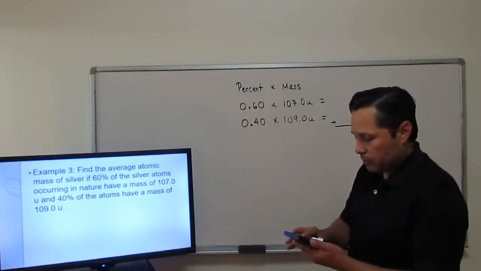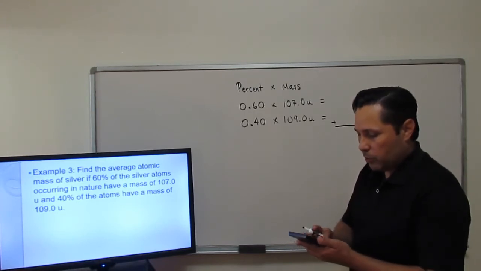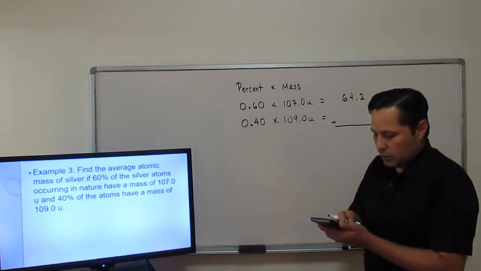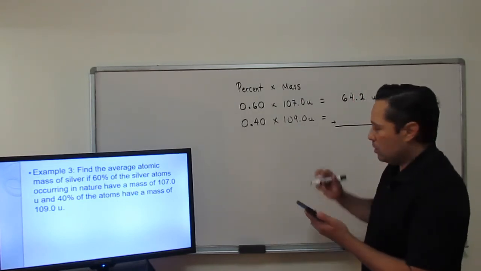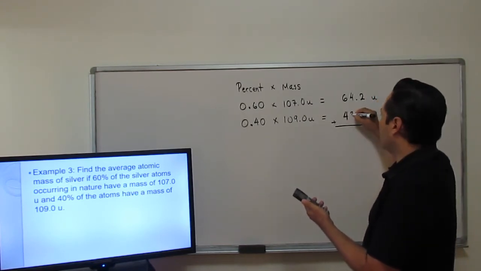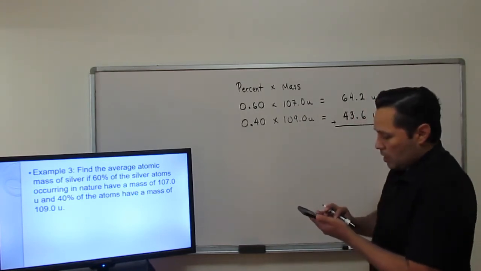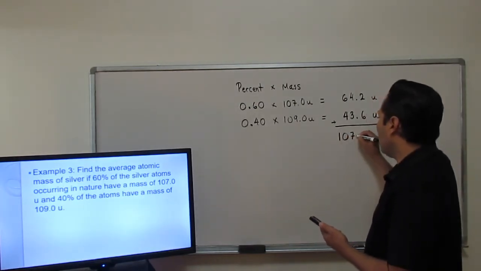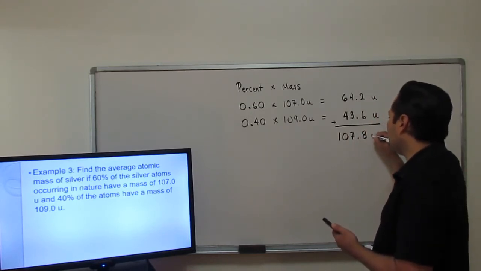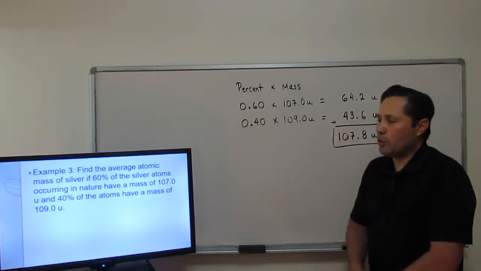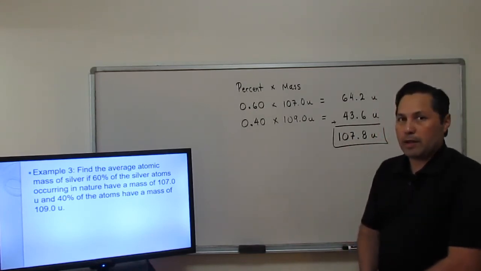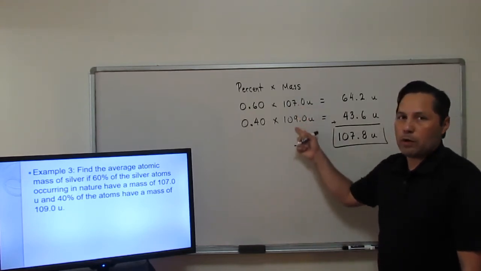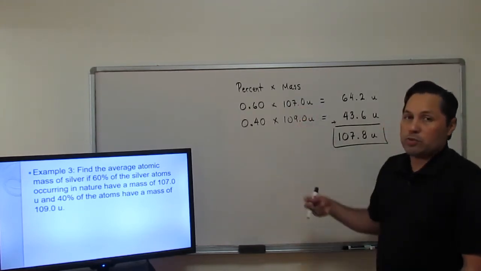So 107 multiplied times 0.6 gives me 64.2, and 109 times 0.4, 43.6 U. Then you add them up, and that is your average atomic mass, 107.8 U. That is what you would see on the periodic table for the average atomic mass, a weighted average. Again, a regular average between 107 and 109 would just be 108.